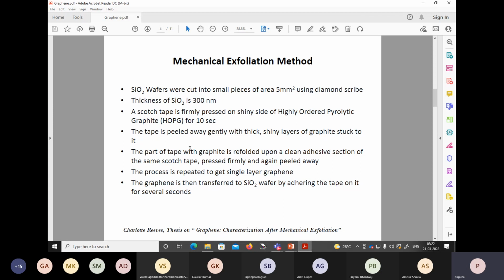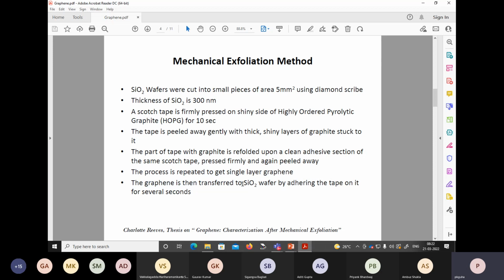Then you put that scotch tape on the SiO2 substrate, and you carefully remove your scotch tape, so that the few layers or single layer of graphene is transferred to the SiO2 wafer.